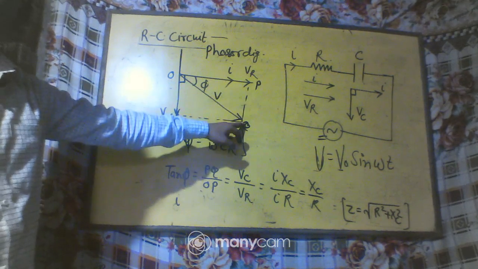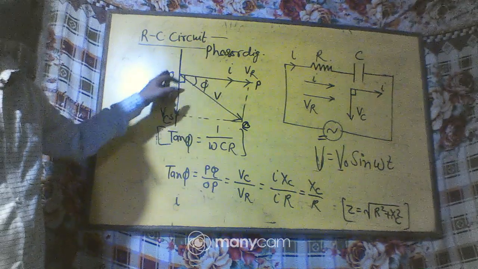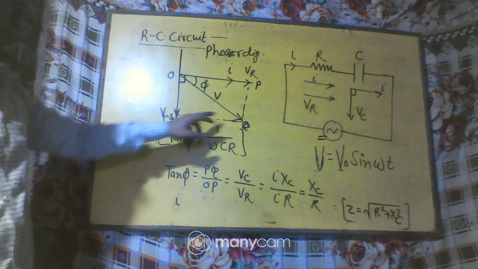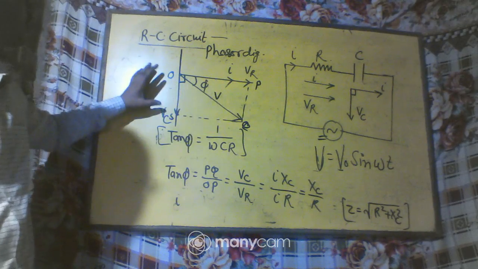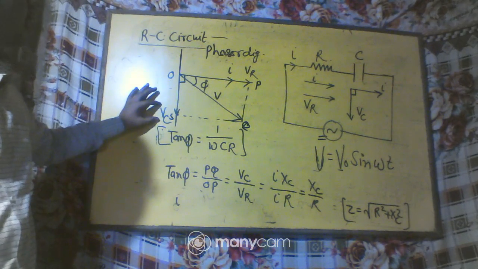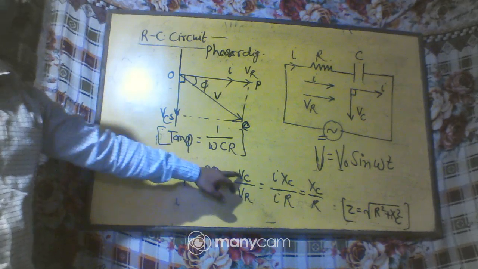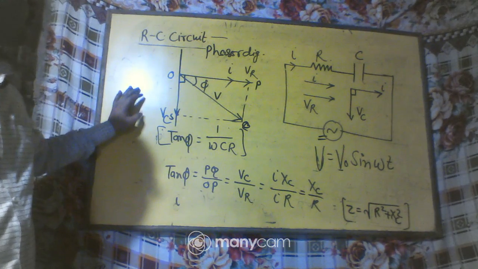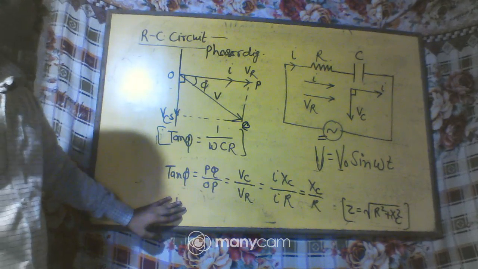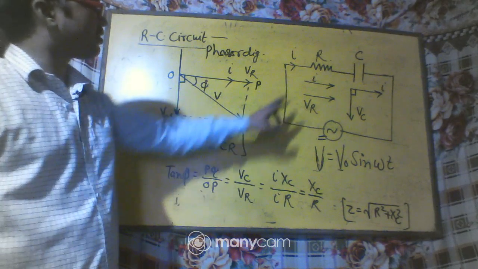For this angle, this PQ is perpendicular and this OP is base. So perpendicular upon base. Now the value of PQ is equal to OS. It means we can replace this VC here, and the value of OP is equal to VR. So you can write VR here.